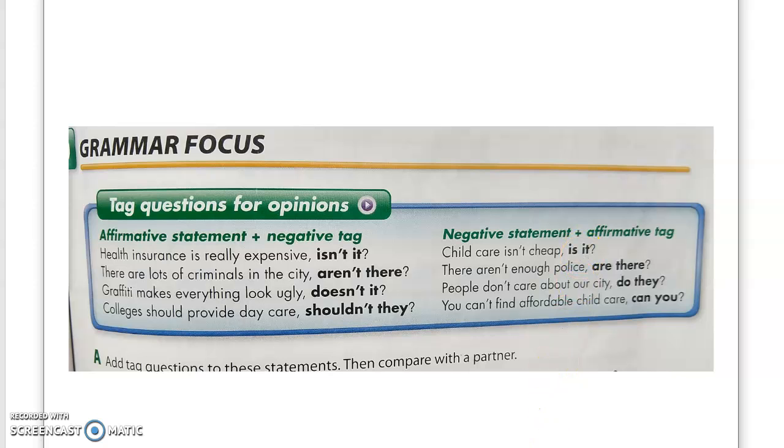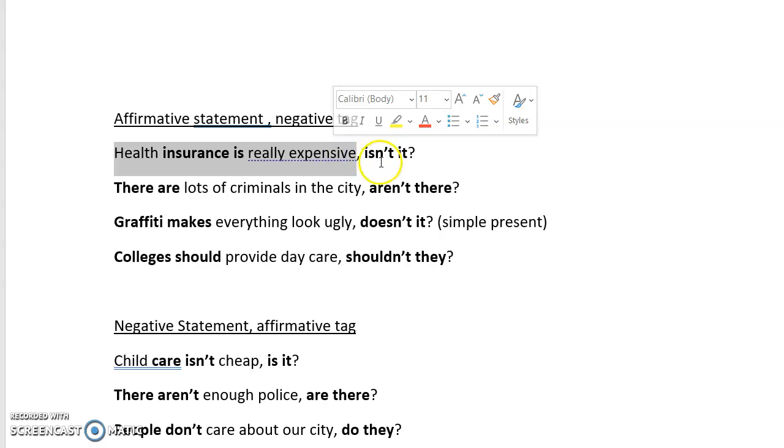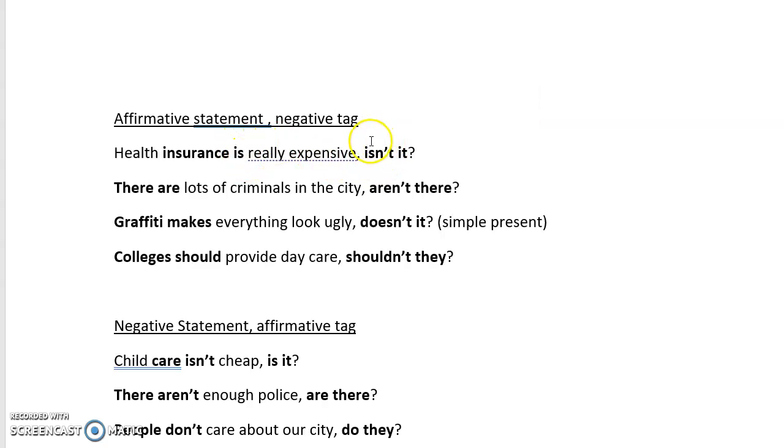Let's look at my document. Let's look at how to make the affirmative statement, negative tag first. All right, so we have to look at the statement first. Health insurance is really expensive. Now, the tag says, isn't it? So the negative tag goes with the affirmative verb. So the affirmative verb is, so we're just going to change it to the opposite, isn't.